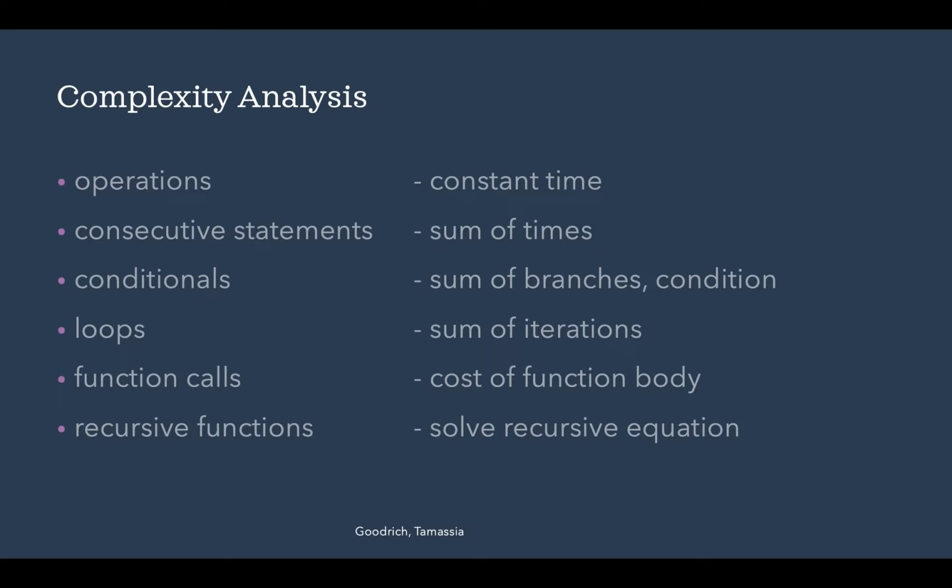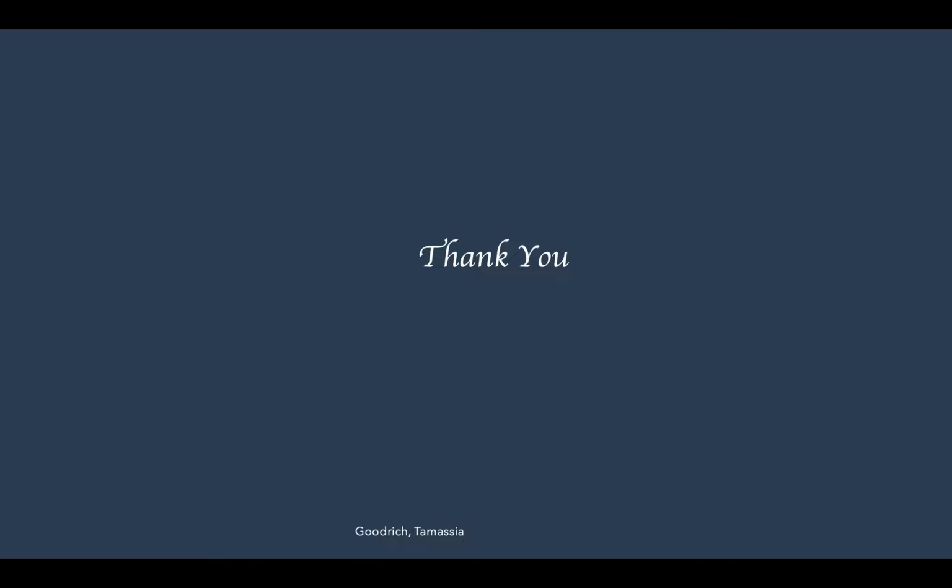So the cost of the function body is added to the calling part. Recursive function: you frame a recurrence relation and solve it to find the time complexity, which is not in the scope of this course, 19CSE212, now. Thank you.